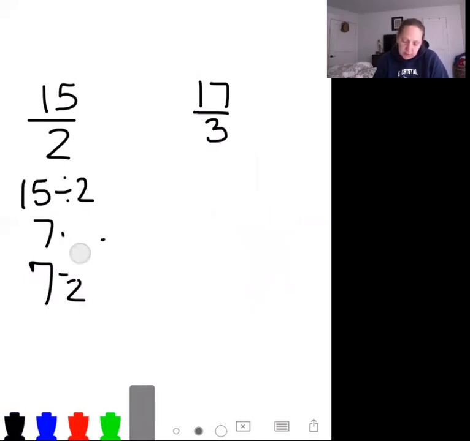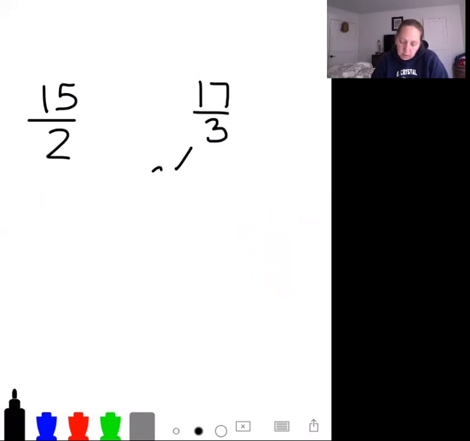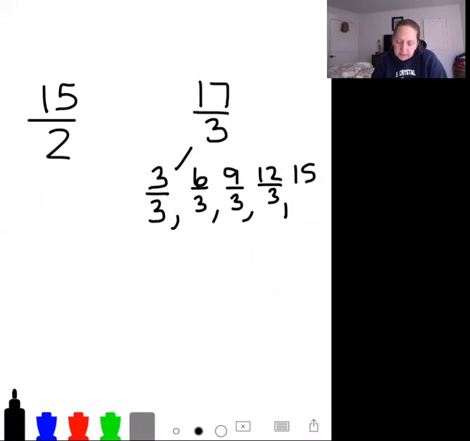So we erase all that stuff. There we go. I can take away 3/3, and then I get to 6/3, 9/3, 12/3, and 15/3. So this one I'm counting by 3: 3, 6, 9, 12, 15. That's 1 whole, 2 wholes, 3 wholes, 4 wholes, 5 wholes.